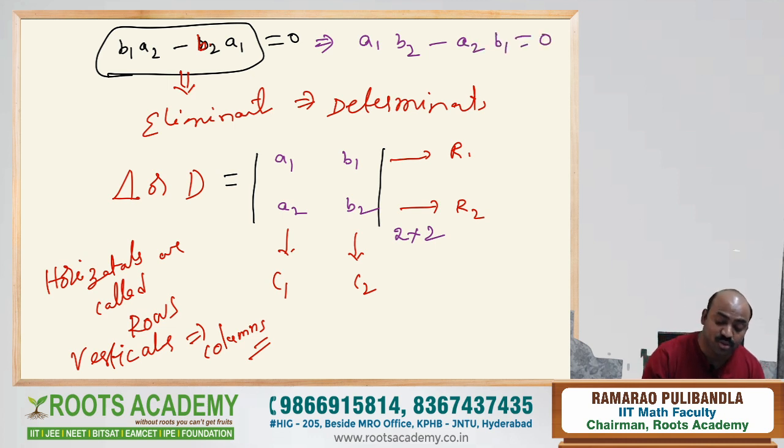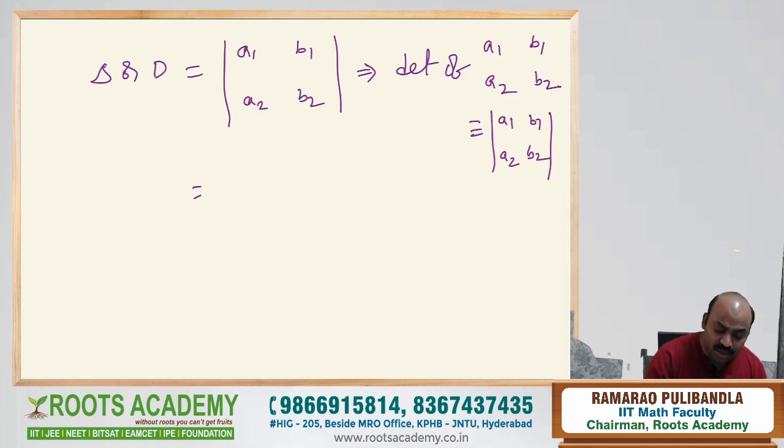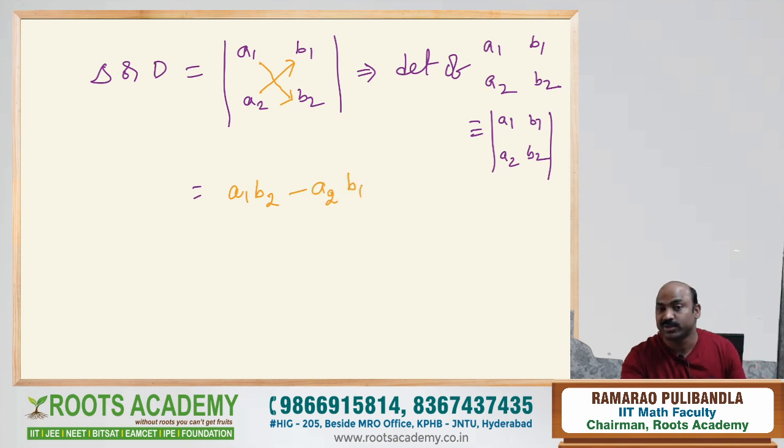Look here, a1 b2, this is the way I am moving, and I am moving in the opposite way, a2 b1. That's why I'm getting minus. So a1 b2 minus a2 b1 is called a 2 by 2 determinant value.